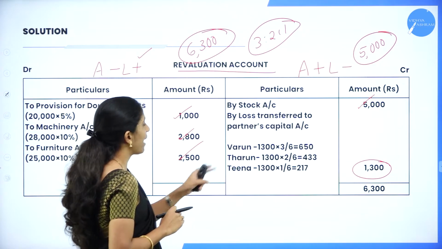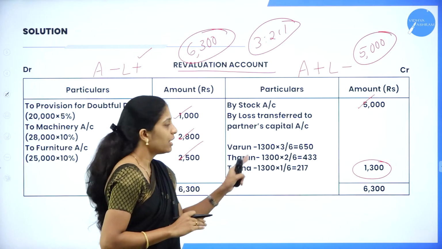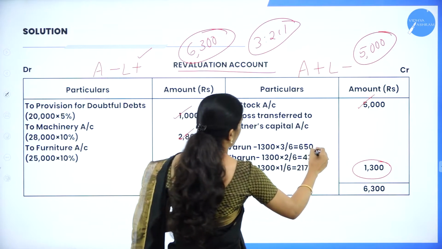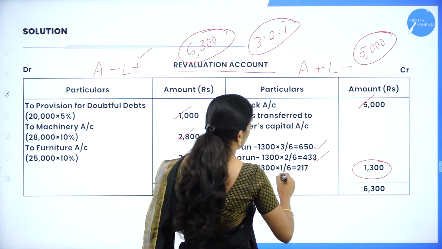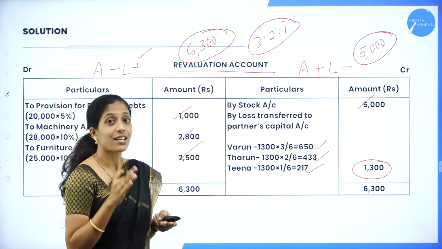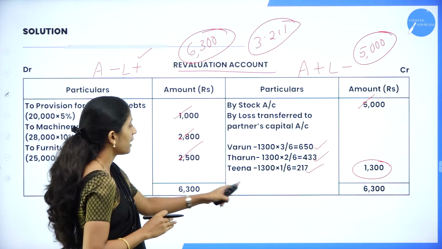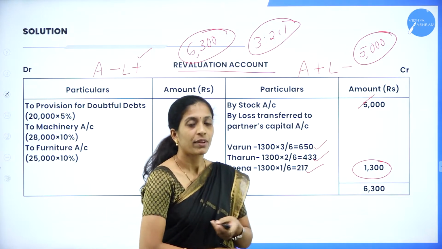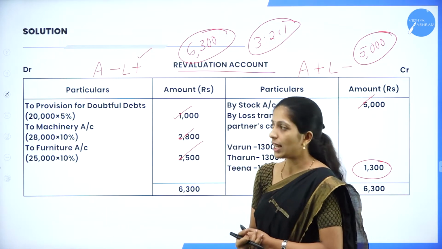So, here also we have to distribute 1300 in the ratio: 3/6 will get 650, next 2/6 433 and 1/6 will get 217. That is, the loss has to be distributed in their profit sharing ratio 3:2:1. Now, we are done with the revaluation account.